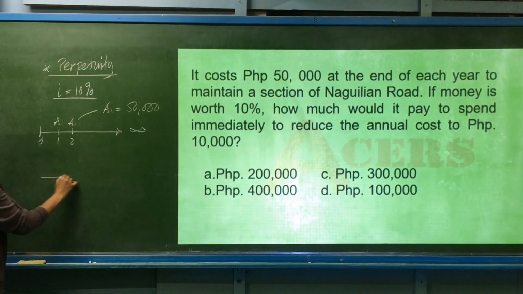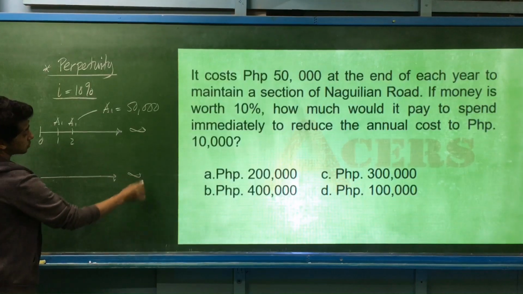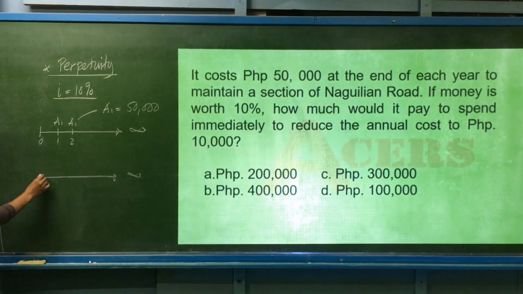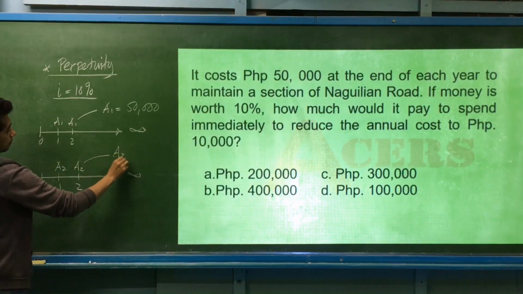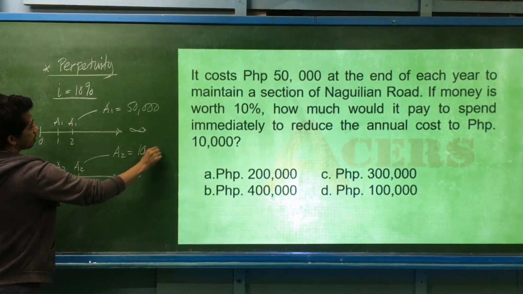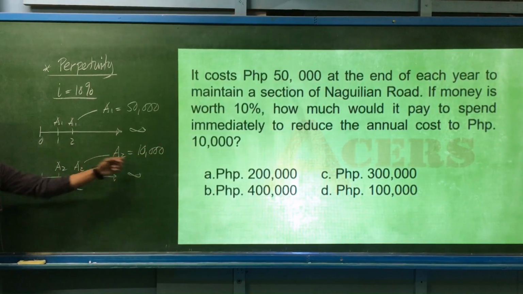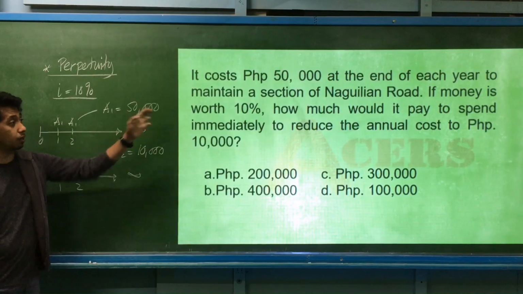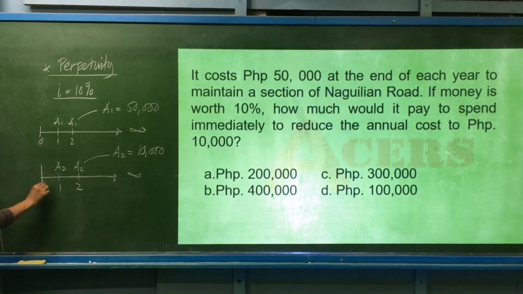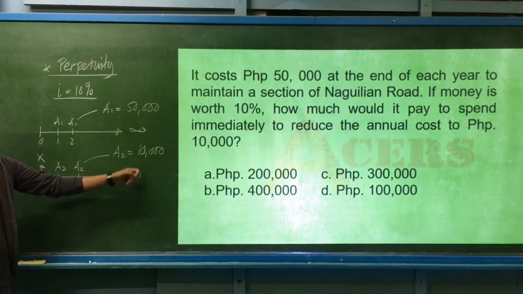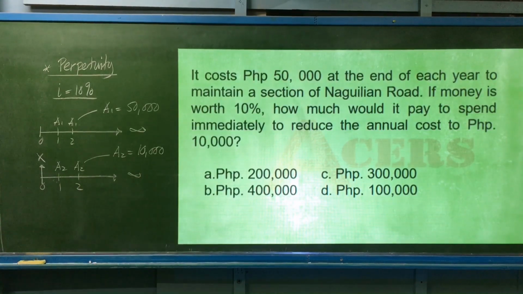While yung next, yung second case na gusto niyang mangyari is you are to pay, let's say this is A sub 2, yung gastos lang every end of the year will be 10,000. Kaya lang, para maging 10,000 yung expenses at the end of each year, kailangan natin gumastos dito ng, let's say, a value immediately to reduce the expenses to 10,000.